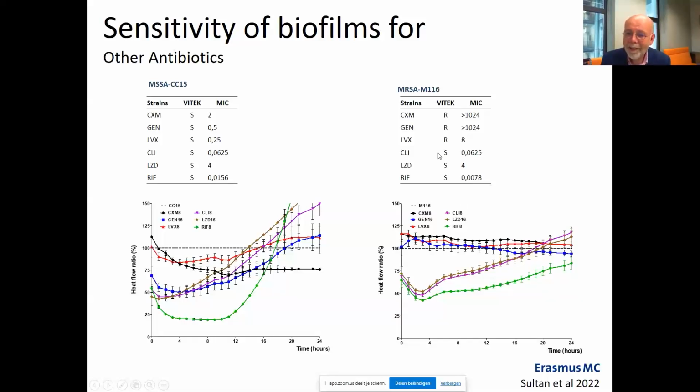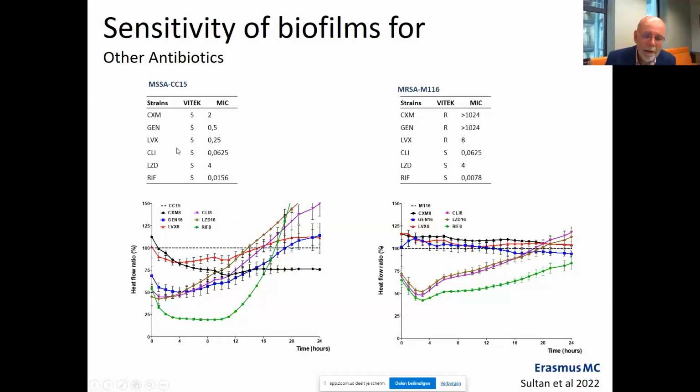Yet, if the Vitek says they're sensitive, we see an effect in the biofilm. Unfortunately, they can start tolerating higher concentrations after some time, and we even see the energy going up, indicating that the bugs start dividing, maybe. That is something I'm not sure of currently, but they're not dying.